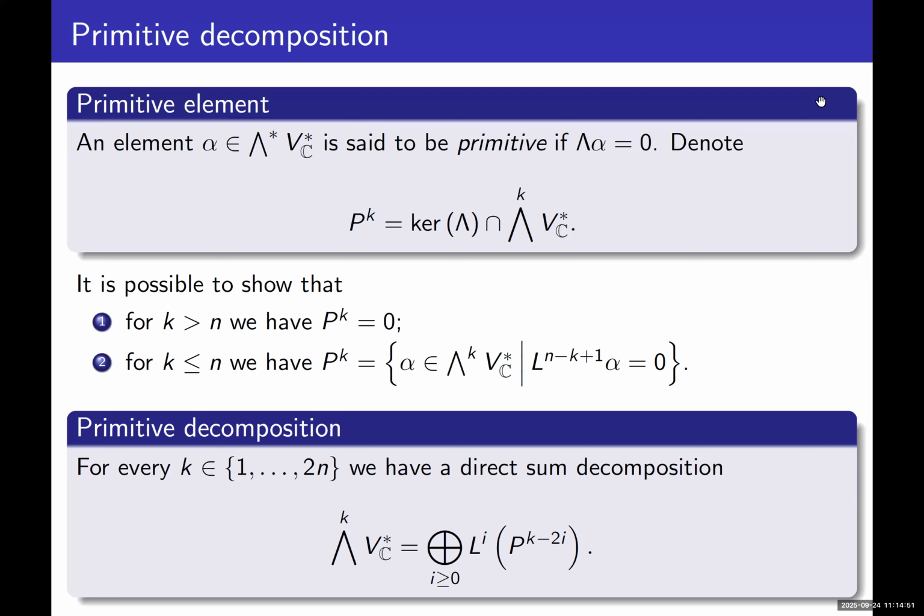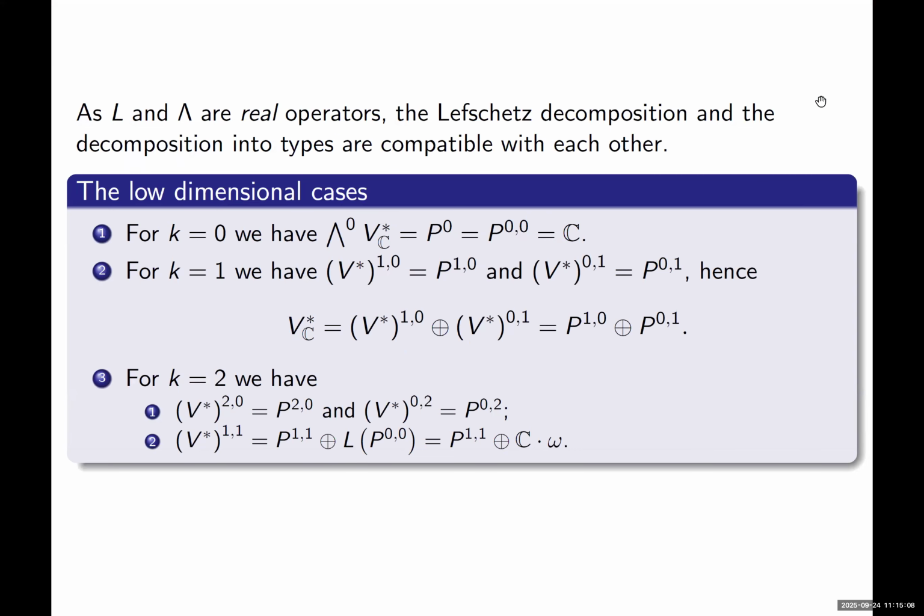This essentially says that every k-form can be written as a sum of powers of omega wedged with primitive forms of the appropriate degree. Now, L and lambda, being real operators, are compatible with the decomposition into type, so we can also speak of primitive forms of type 1,0, 0,1, p,q in general.